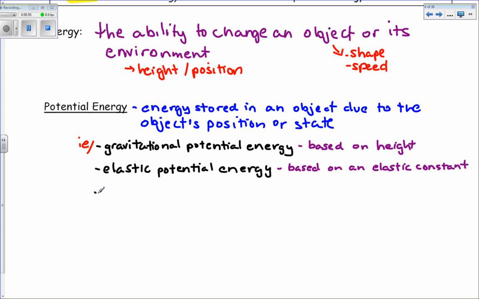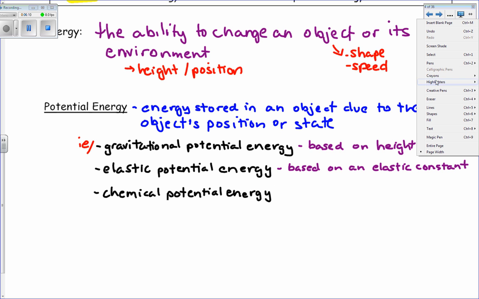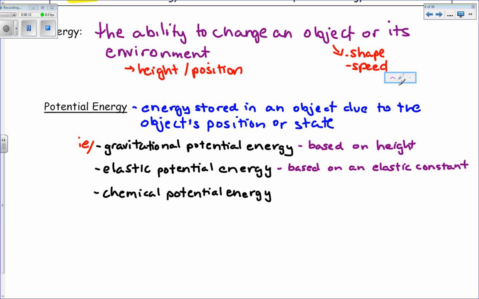There is chemical potential energy. Chemical potential energy is the energy that we're harnessing when we combust coal for heat or for electricity. It's based on the chemical bonds in an atom.